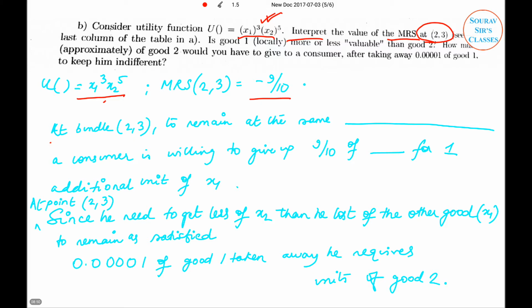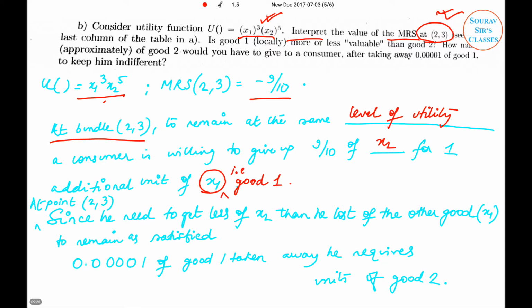The interpretation is, at bundle 2, 3 which is given to us, to remain at the same level of utility, a consumer is willing to give up 9 by 10, which we have already calculated, of x2 for one additional unit of x1, that is good 1. Okay, so this will be our interpretation.